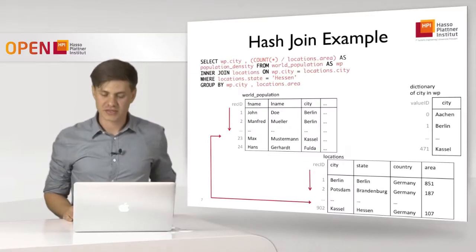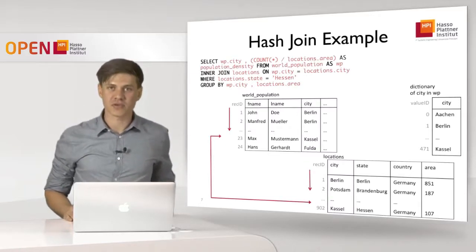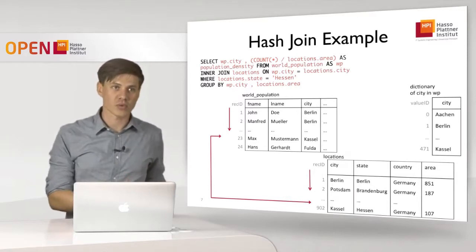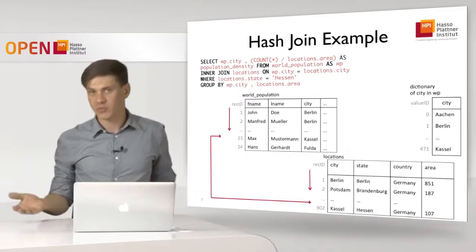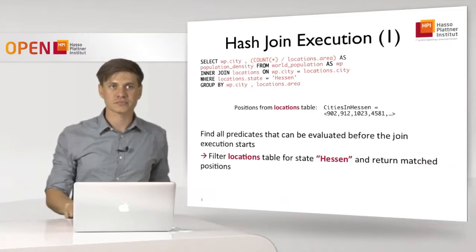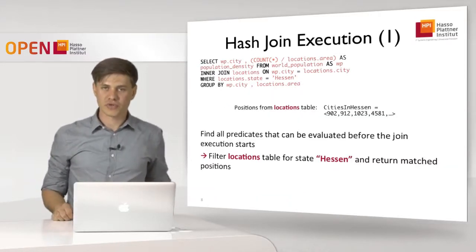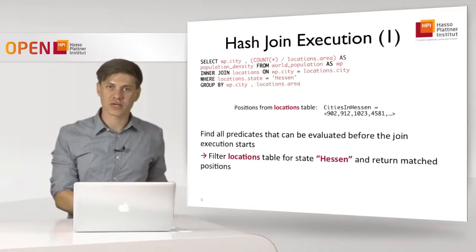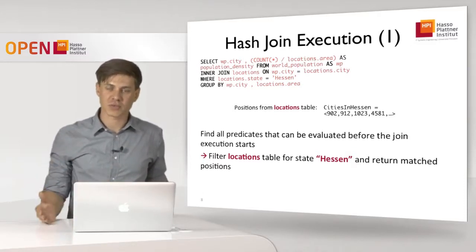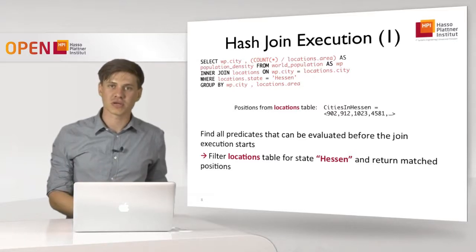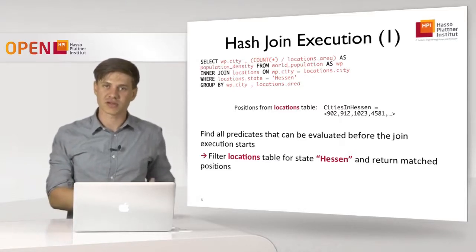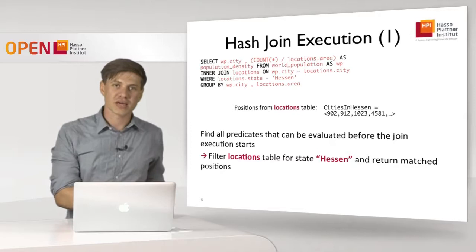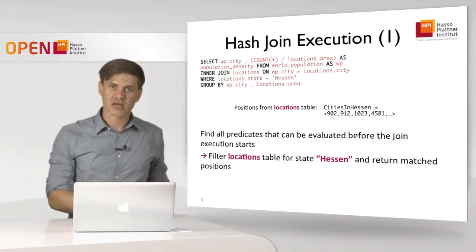Starting with the hash phase. You can see here the two tables that we are trying to join. We have the world population table with the column city, and we have a locations table, again with the column city. The first step that we do right now is to apply all the filters that we can apply upfront to the join operation, because the join is a comparatively expensive operation, so we want to keep the result set that goes into the join as small as possible.